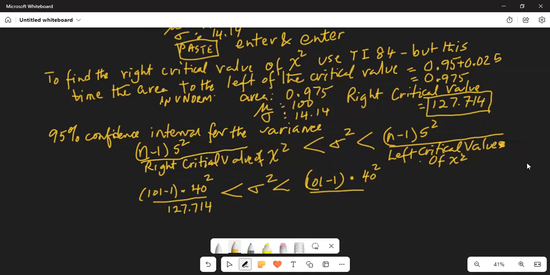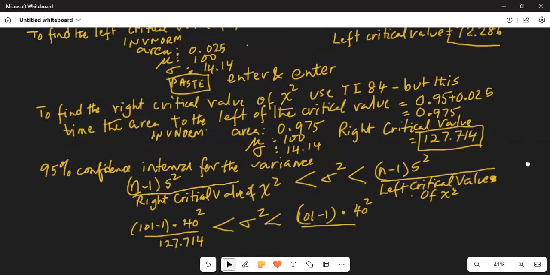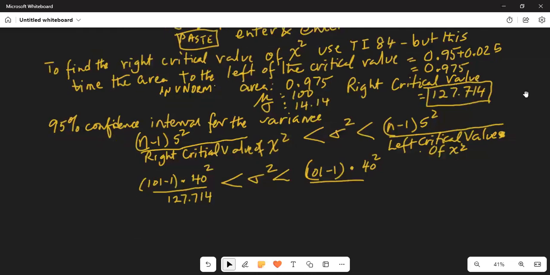And the left critical value, let me make sure I'm copying the right thing, is 72.286.